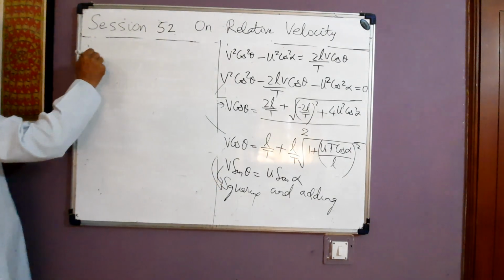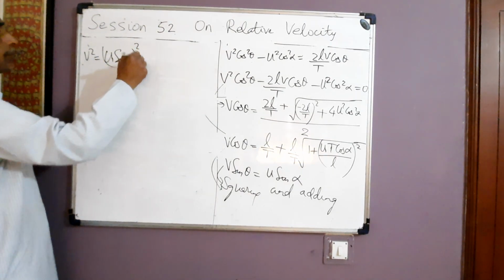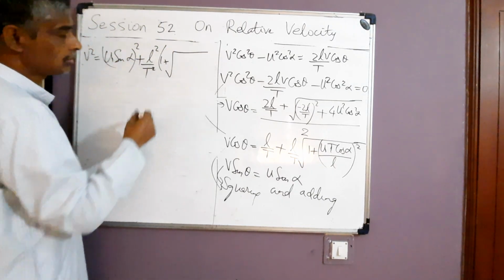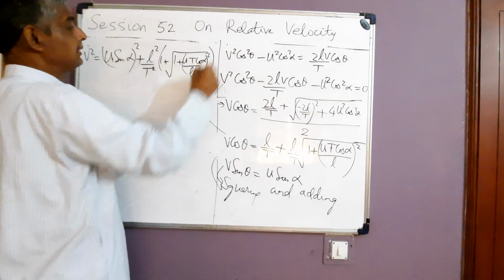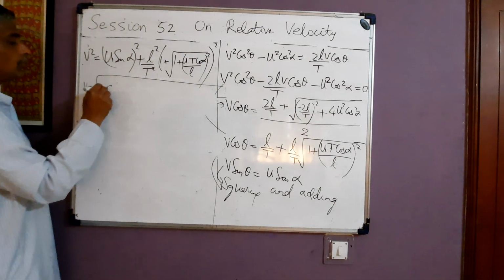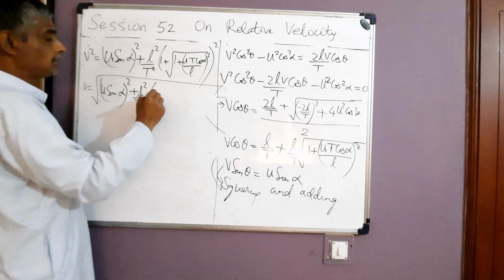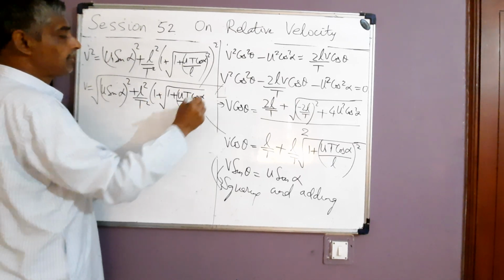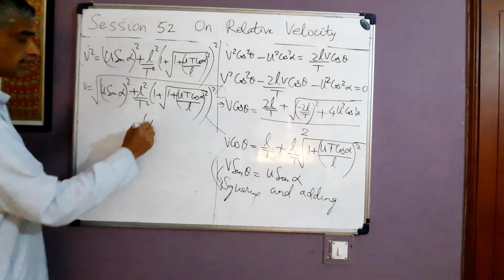So squaring and adding, we get V square equal to (U sin alpha) whole square plus L square by T square times (1 plus the square root of (1 plus (UT cos alpha by L) whole square)) whole square. So V is the root under (U sin alpha) whole square plus L square by T square times (1 plus the square root of (1 plus (UT cos alpha upon L) whole square)) whole square. Okay, this is the final answer.